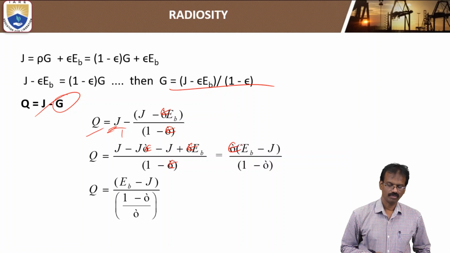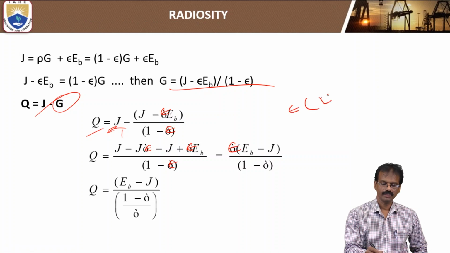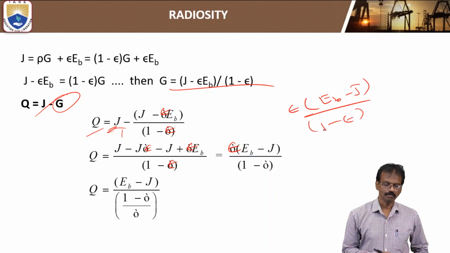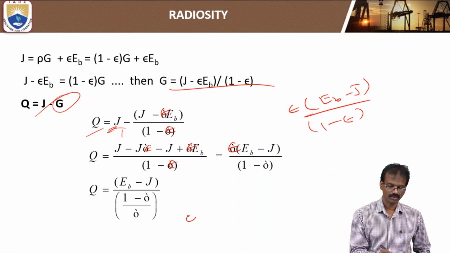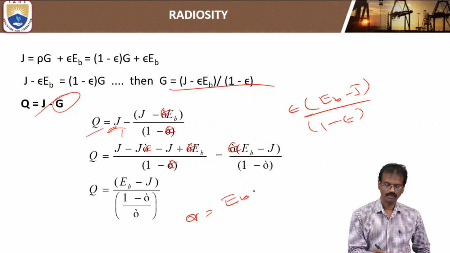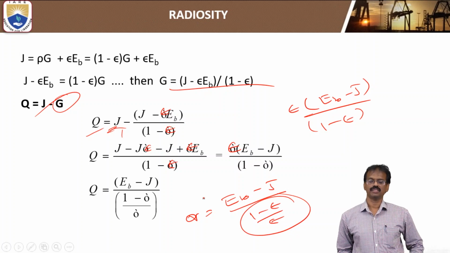The formula becomes epsilon of (EB minus J) by (1 minus epsilon). You can rewrite it as Q is equal to (EB minus J) by (1 minus epsilon) by epsilon. This shows the thermal resistance.